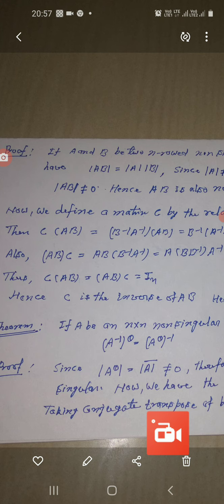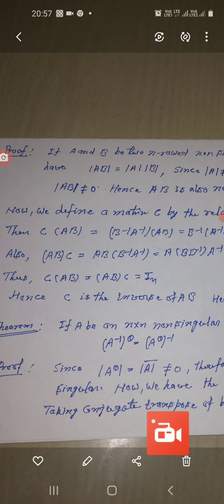If A and B are two n-rowed non-singular matrices, then we have determinant of AB is equal to determinant of A into determinant of B. You know this theorem.